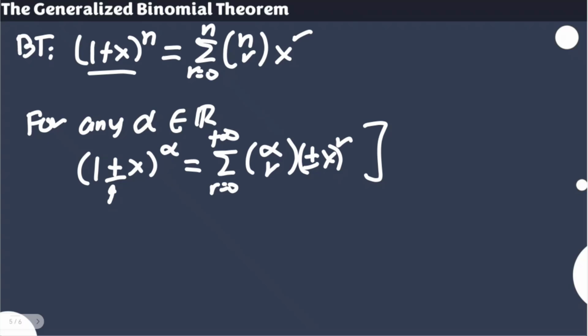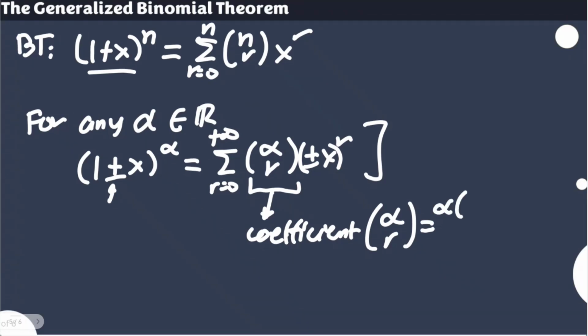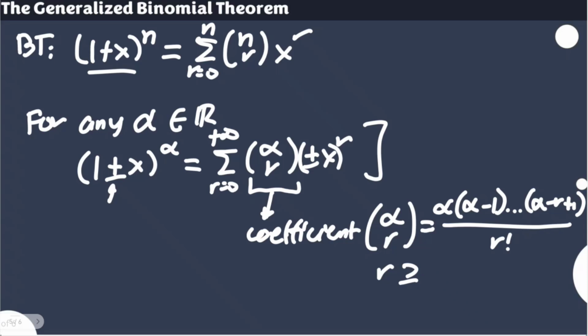In this generalization, this is our coefficient. This coefficient also has a specific formula: alpha combination r is equal to alpha times alpha minus 1 times, until you reach alpha minus r plus 1, all over r factorial, where r is greater than or equal to 0, and alpha again could be any real number.